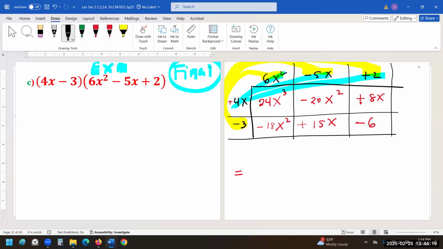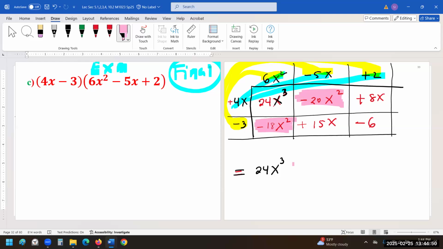So the first thing we see is a cubic power, right? Do you see any other cubic power anywhere? No. So you leave it alone, 24x cubed. Then our next power is 2 power. So we have 20x squared, negative 18x squared, negative 20, negative 18. Do you see any other x squared?